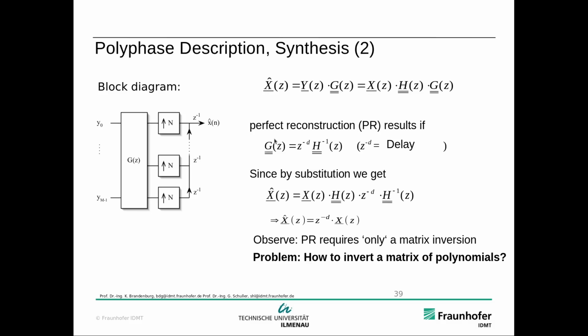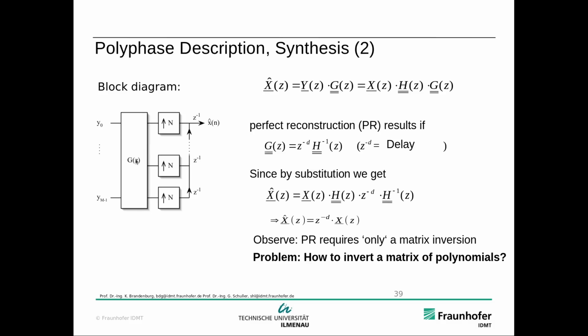So here we could construct g simply as the inverse of the analysis filter, and perhaps with a delay to make it causal. So this is some delay, which we admit. Basically, if this is the case, then the output is simply the delayed version of the input. So this gives us the mathematical tools for perfect reconstruction with realizable filters.